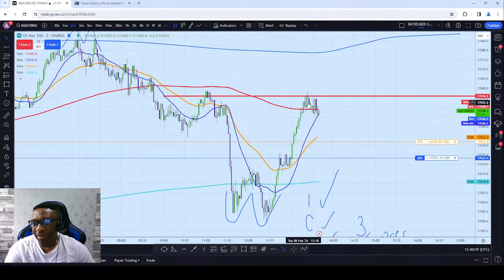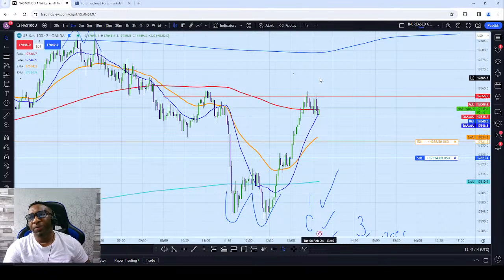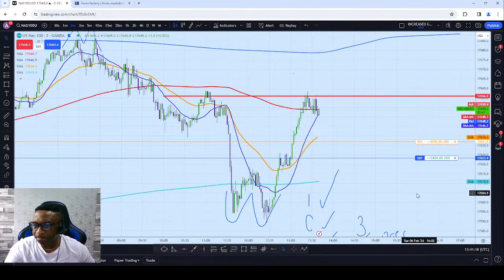So this is more or less a resistance area where price is being held, so it needs more power to push through. For price to do that, mostly it will push down a bit and then gather momentum and then break through that area that appears to be strong.